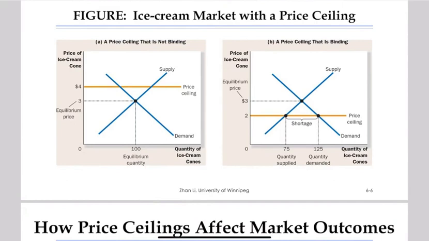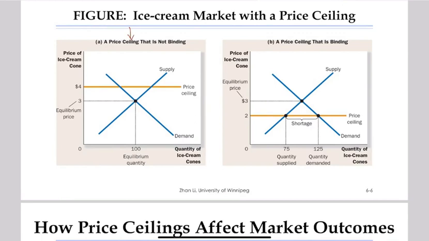For graph A, we can see that the price ceiling is higher than the equilibrium price, right? In this case, if the price ceiling is at $4, then the equilibrium price of $3 satisfies this requirement, because it is below $4.